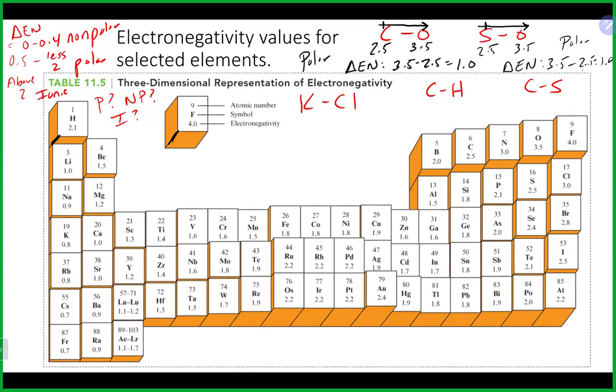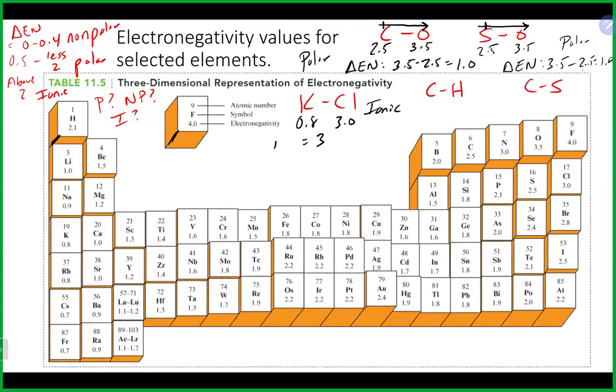We take a look at KCl. We really don't even need the electronegativity values. That's a metal and that's a non-metal, chlorine, right? So automatically, I know this is ionic, but if we did calculate in this case, potassium is 0.8 and chlorine there is 3.